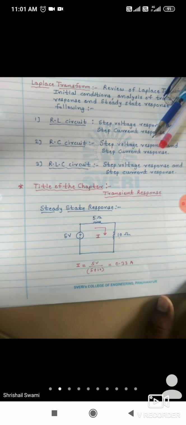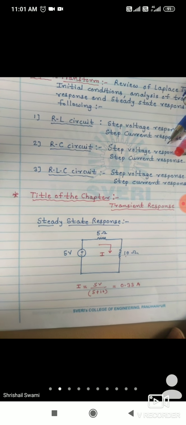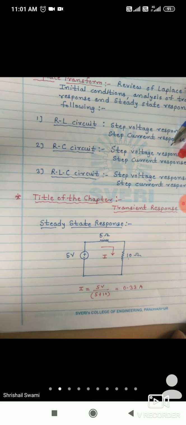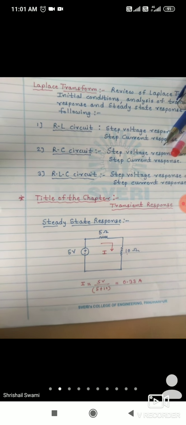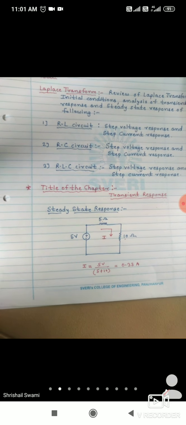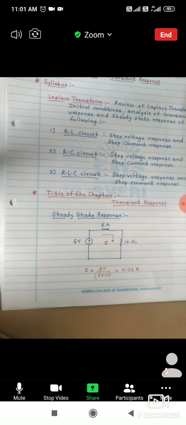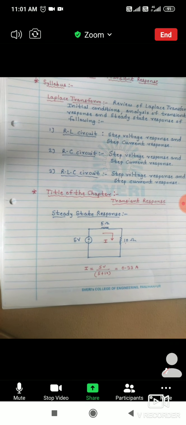So 0.33 ampere is the response, that will be the current. Now you have connected the 5 volt source, correct? Suppose you are keeping this source as it is for 10 minutes.